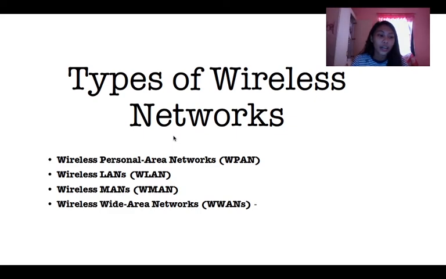In our LANs, it uses transmitters to cover a medium-sized network. For our MAN, it uses transmitters to provide wireless service over a large geographic area. And in our WANs, wireless wide area networks, it uses transmitters to provide coverage over an extensive geographic area.